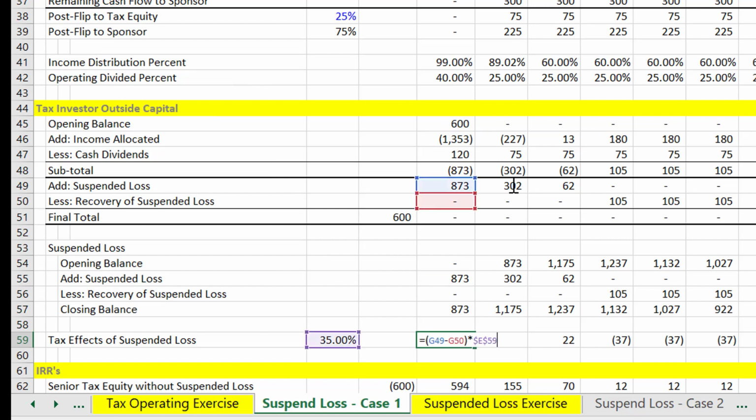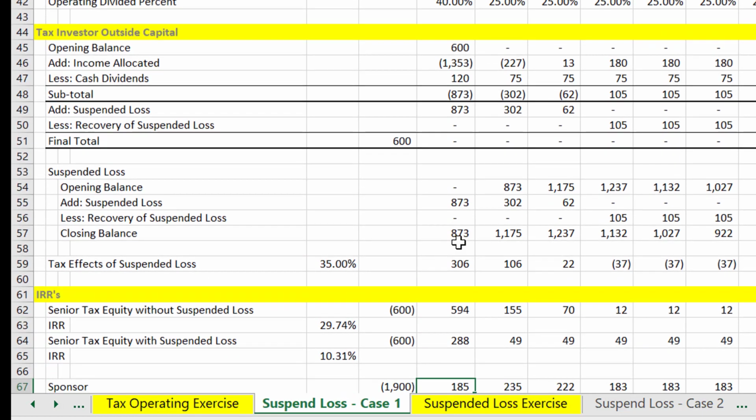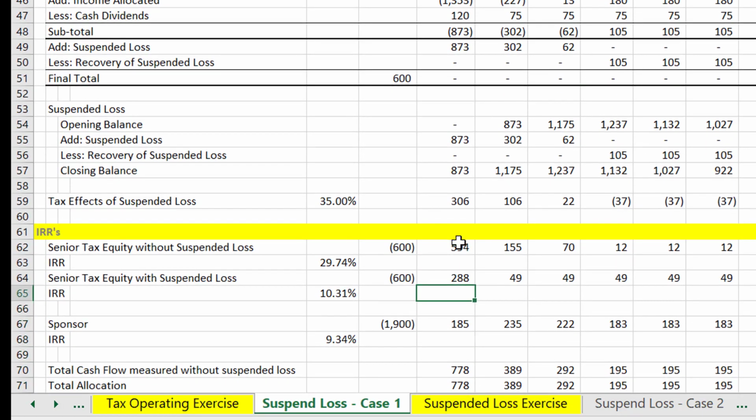And then when we're finally finished, we can say how much tax was suspended, and multiply that by the tax rate. And finally, here's what the IRR on our tax investment would be without these suspended taxes, and here's what it would be with them.